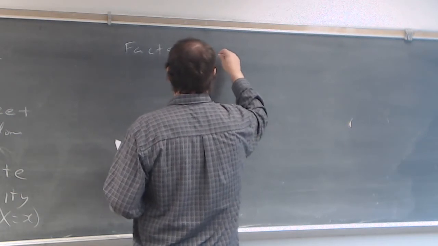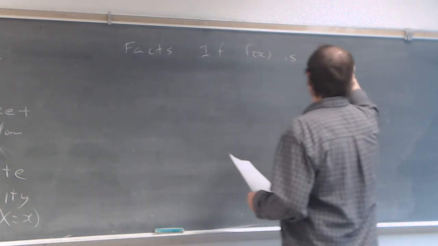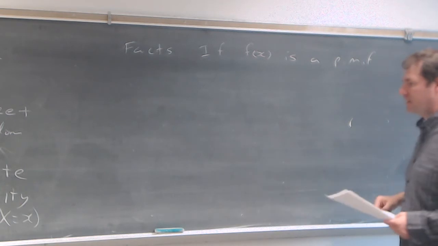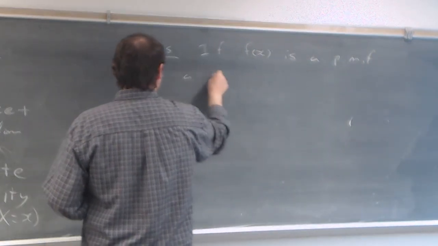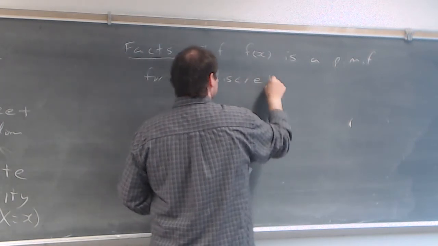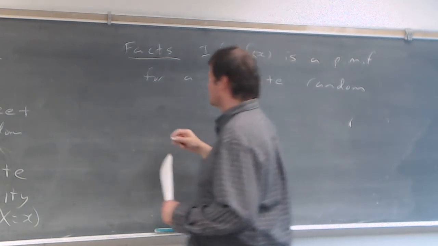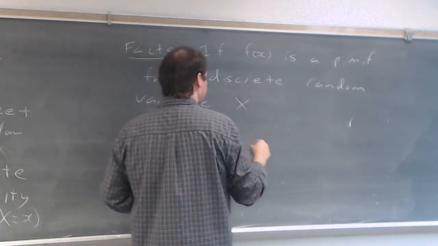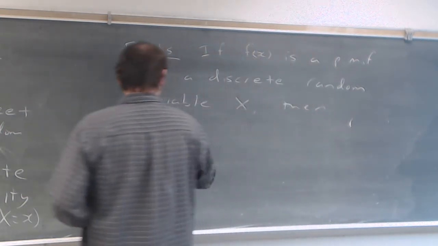about probability mass function. If f of x is a probability mass function, which we'll abbreviate PMF, for a discrete random variable X, then here's two facts that we have.